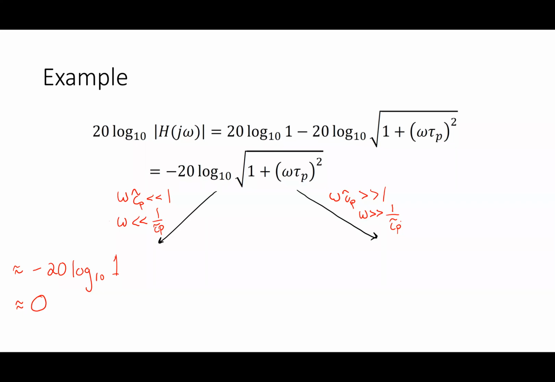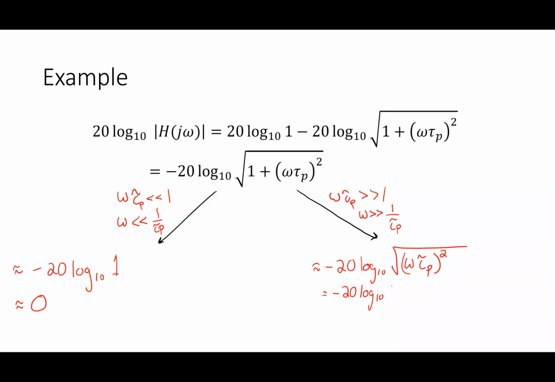So I'm going to say this guy is approximately negative 20 log base 10 of what? It's just omega tau p, right? It's approximately that. I got rid of the 1. So square root of a square is just whatever's in there.